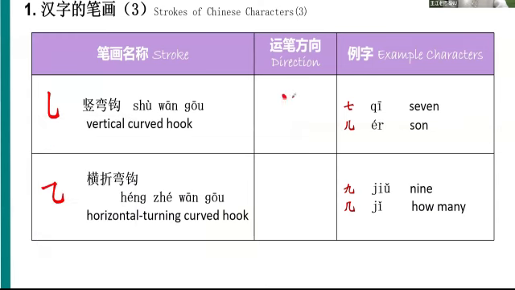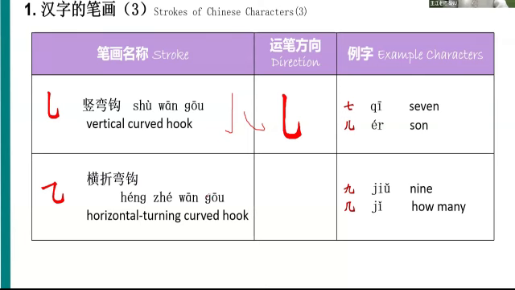That is a kind of hook, the basic stroke of Chinese characters. We have learned the laying hook, right? And today we just learned this kind of hook. 竖弯钩, vertical curved hook.